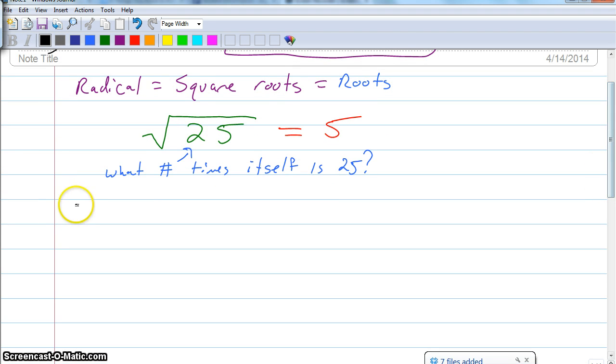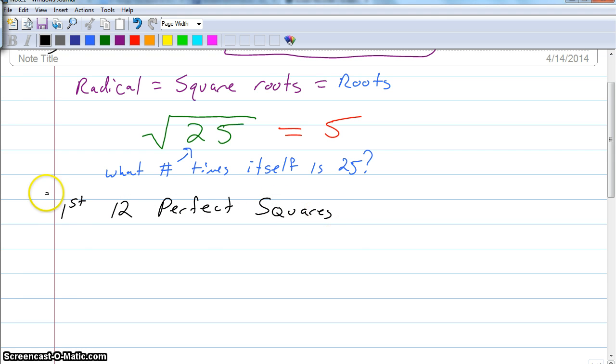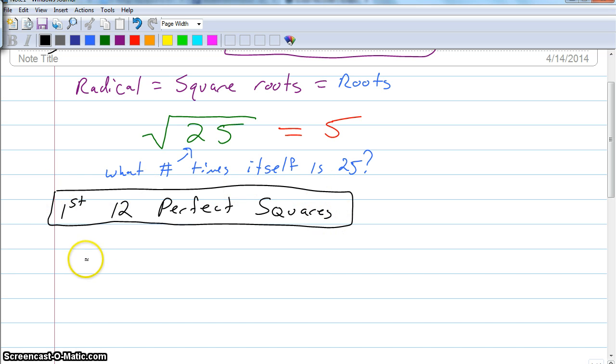But I think one important thing that you should know is the first 12 perfect squares. The very first perfect square is 1. The next perfect square is 4.